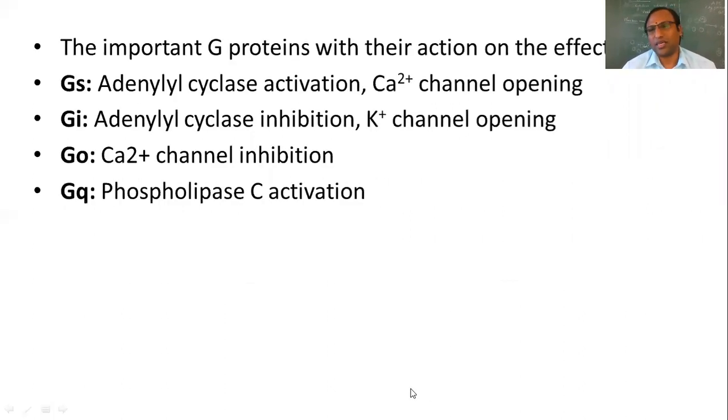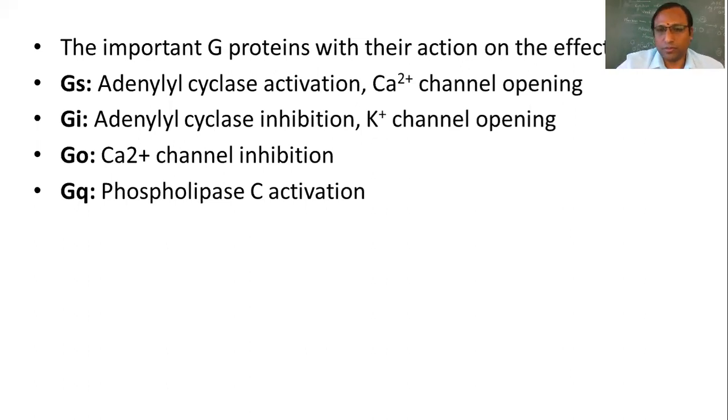So what are the different effects? The important G proteins with their action on effector cells or proteins: GS is adenyl cyclase activation and Ca2+ channel opening, then GI is adenyl cyclase inhibition and K+ channel opening, GO is calcium 2+ channel inhibition, and GQ is phospholipase C activation.